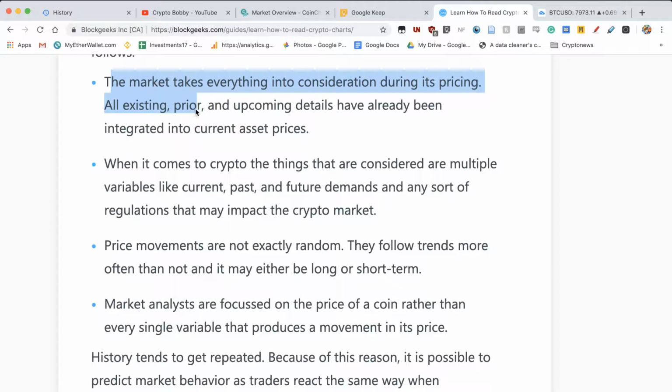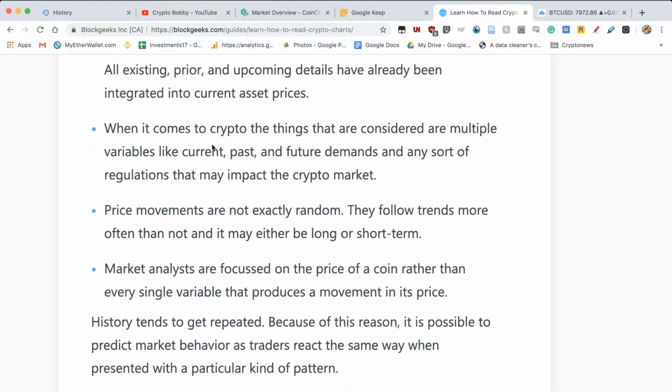All existing, prior and upcoming details have already been integrated into current asset prices. So at this moment in time, the price of an asset is as it should be based on supply and demand. Speculation is calculated into it, FOMO is calculated into it. At this moment in time, everything is calculated into the current price.